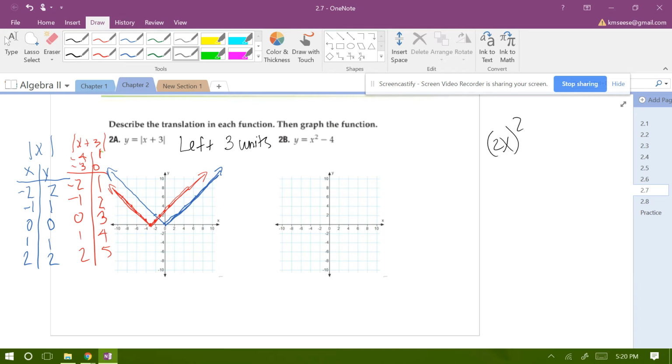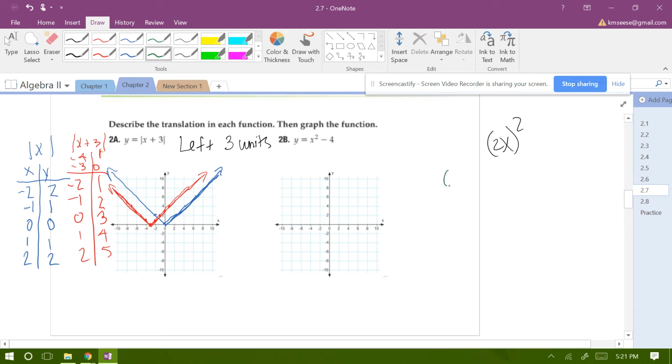So you just need to remember with x's, it's opposite world. So if it's a plus 3, it means you're moving left 3. If it was the absolute value of x minus 3, well, then that would be the same thing as moving right 3, right?